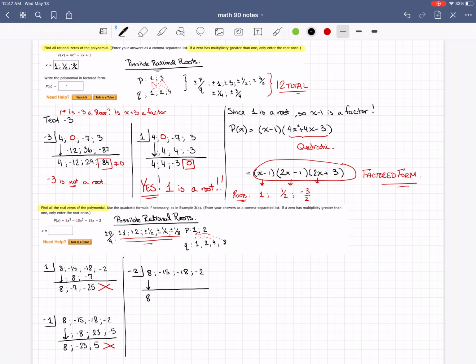Okay, so here goes. Yeah, I spoke too soon. I don't think it's going to work. 8 times -2 is -16. -15 minus 16 is -31. Yeah, see, -31 times -2, that's 62.